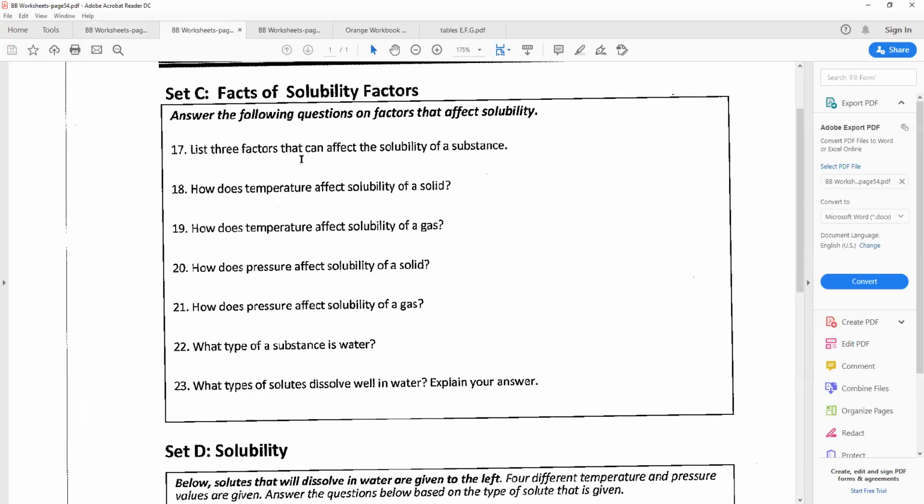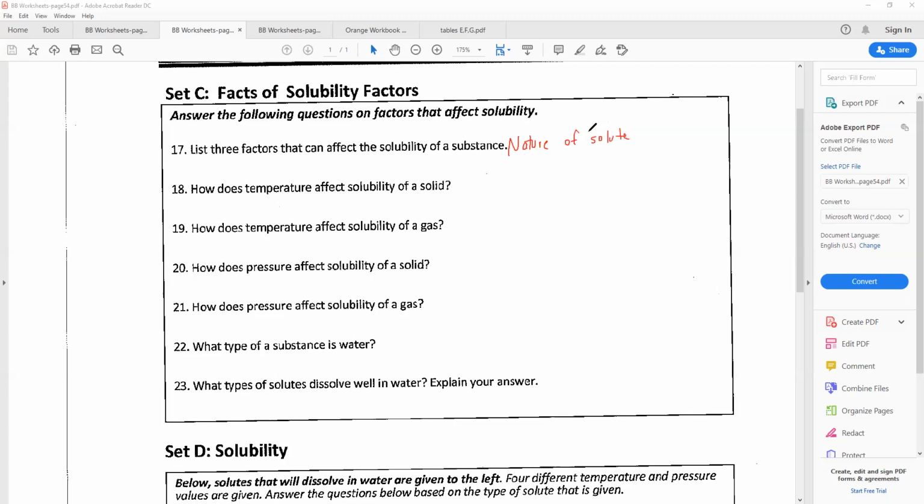List the 3 factors that can affect the solubility of a substance. Well, we said the 3 factors that can affect the solubility of the substance from the orange workbook was nature of solvent, nature of solute, I should say, and solvent.